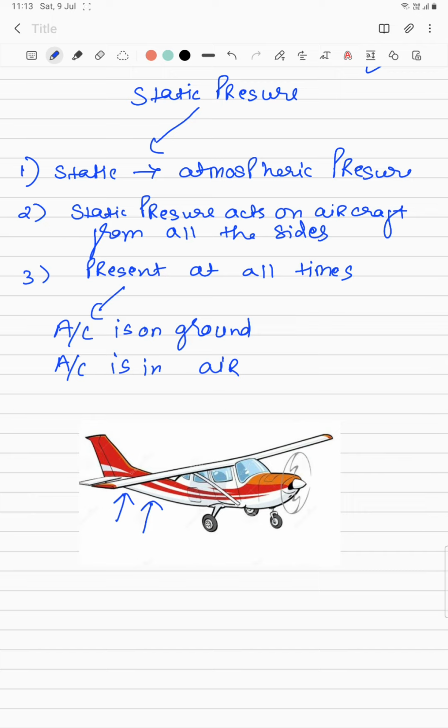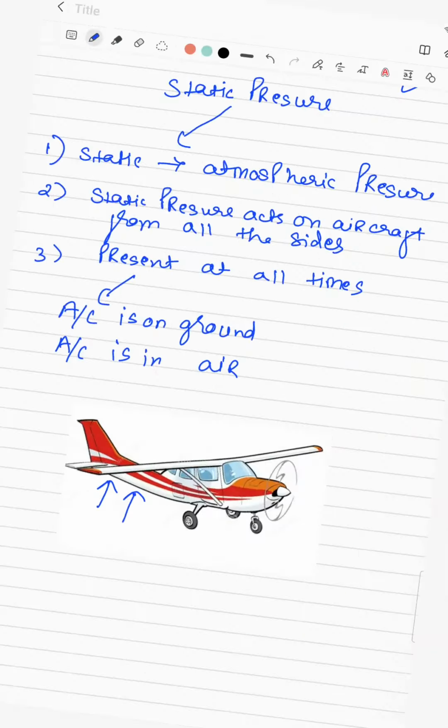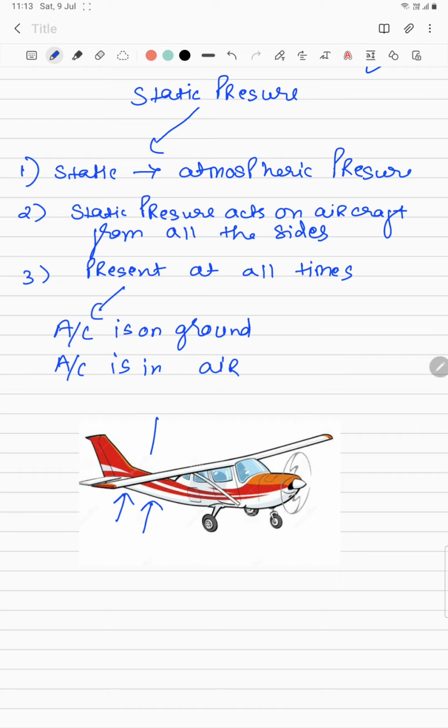The static pressure will act on the aircraft at all times, in all directions, constantly, whether it is in the air or on the ground. So have a look here. The pressure is acting on the aircraft from all the sides.